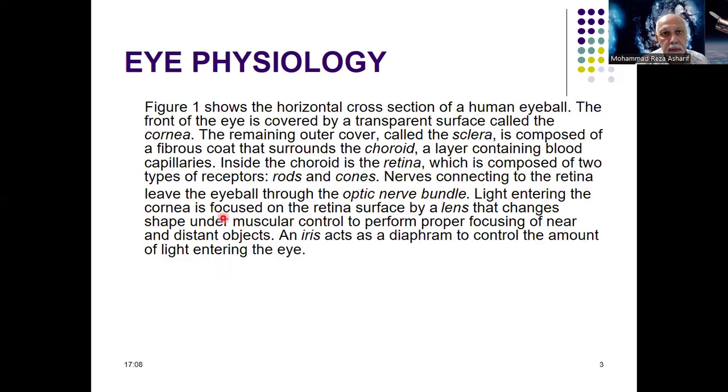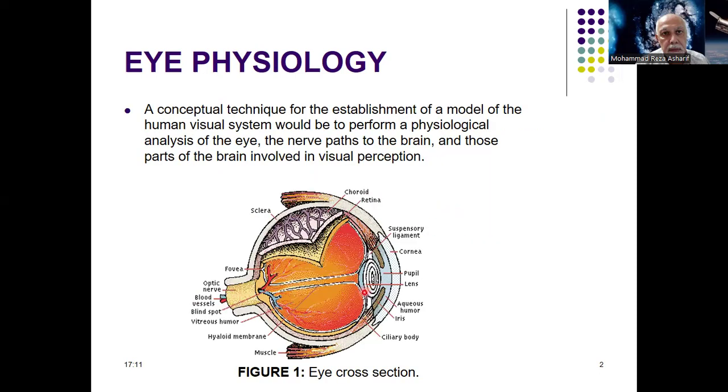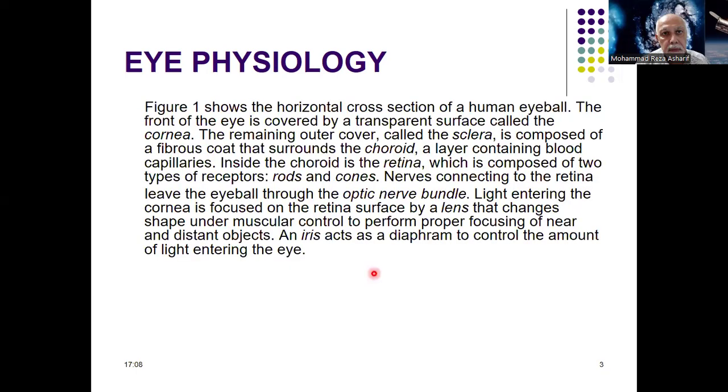Light entering the cornea is focused on the retina surface by a lens that changes shape under muscular control to perform proper focusing of near and distant objects.